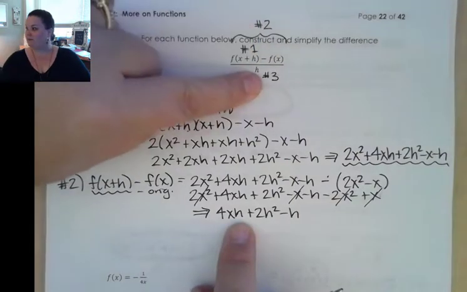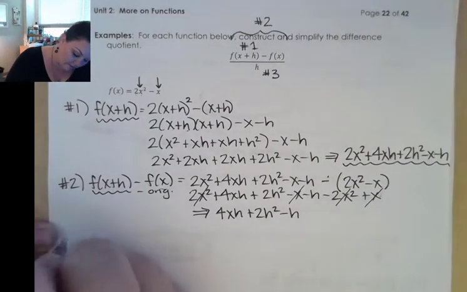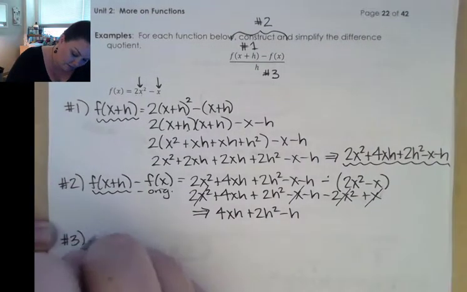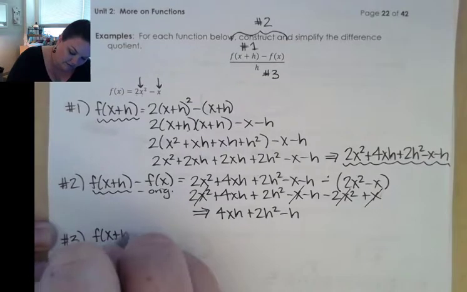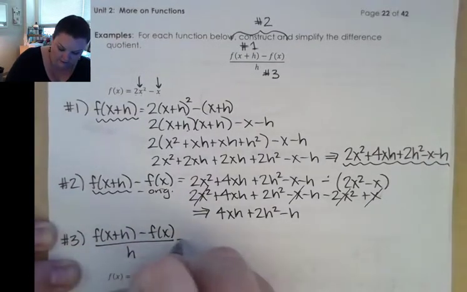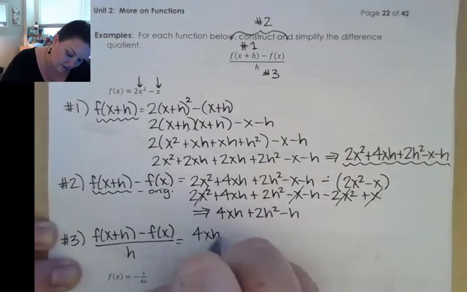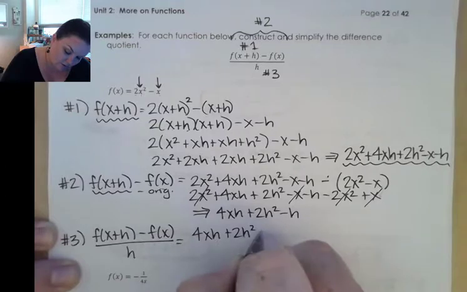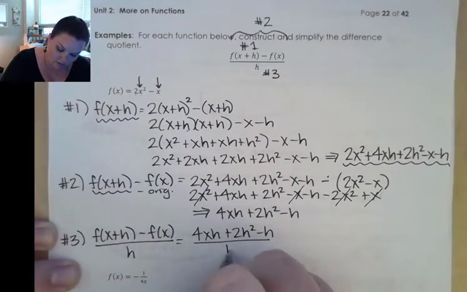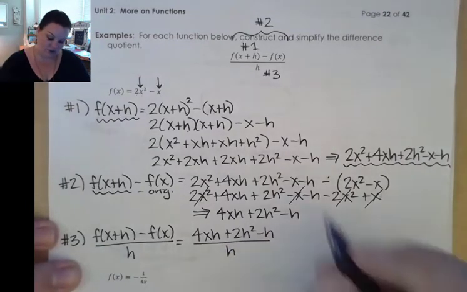And then my third step is just to divide it by h now. So step number 3, f of x plus h minus f of x all over h. And our last step, you can see here, we got 4xh plus 2h squared minus h all over h. And then notice every single term is divisible by h, so I can reduce the h off.